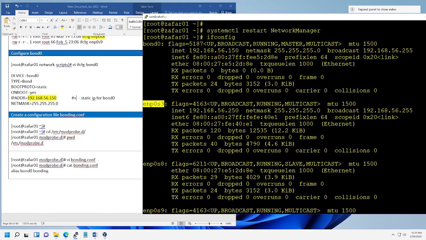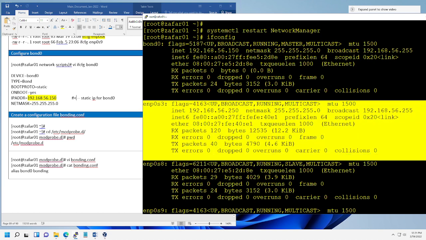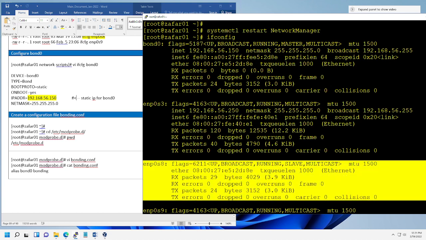So now what is happening here is bond0 is dependent on both network cards here, enp0s3 and enp0s8. If enp0s3 goes out, bond0 will still stand. Why? Because it's going to use the configuration from here.